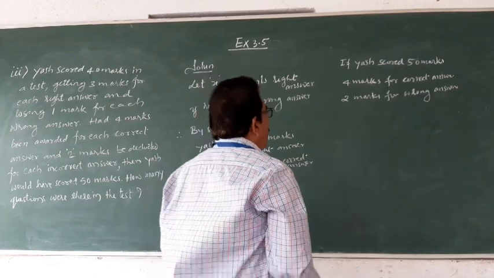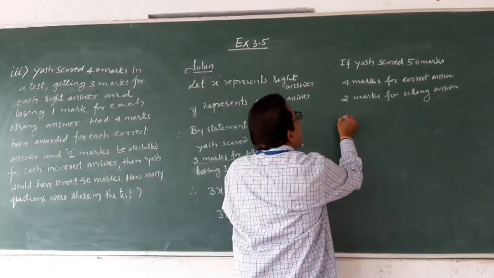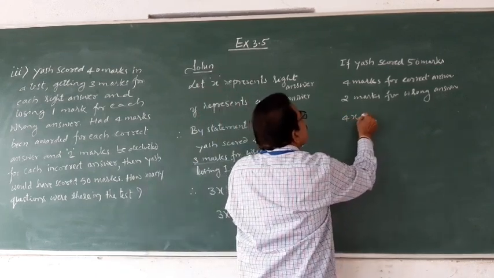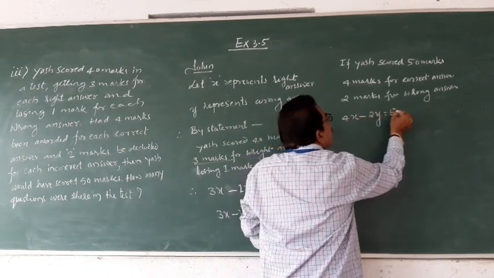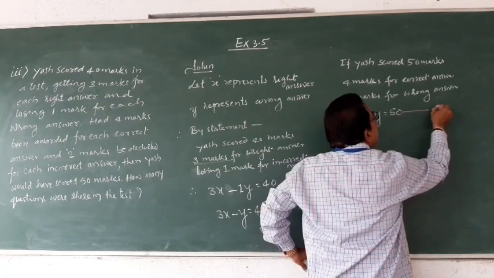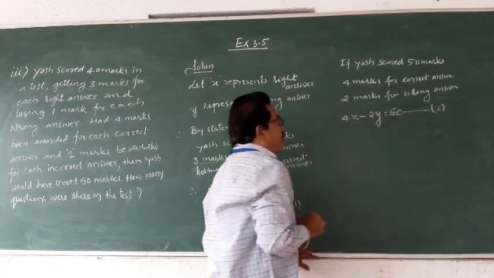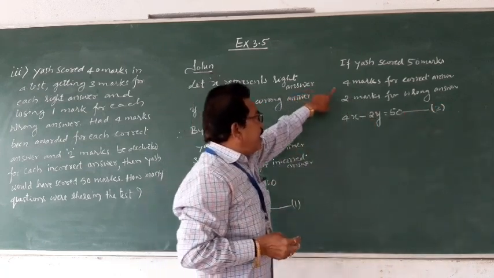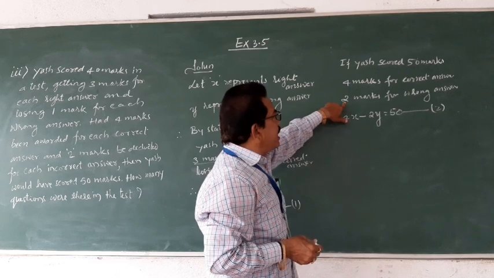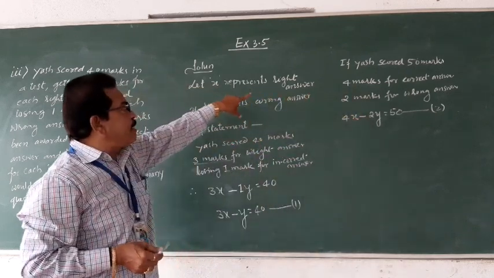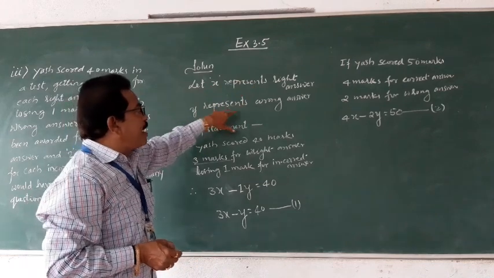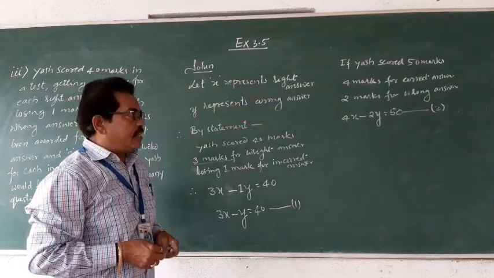Now 4x minus 2y equals 50. This will be the second equation. See, gaining is 4x, losing is 2y, because we have considered x represents the right answer and y represents the wrong answer.